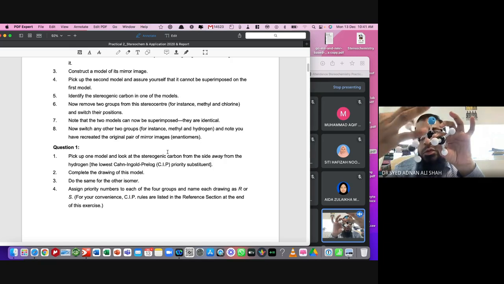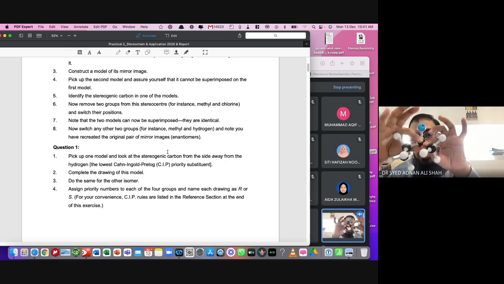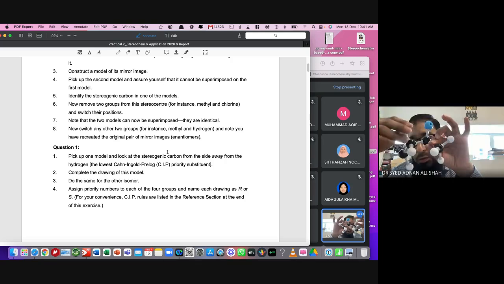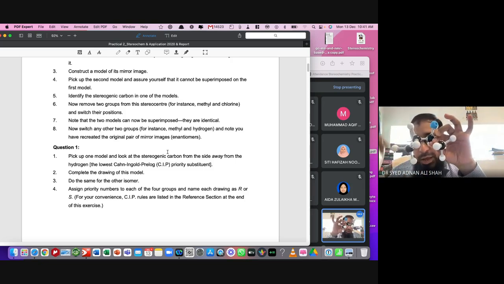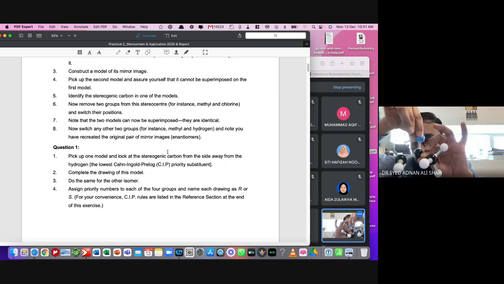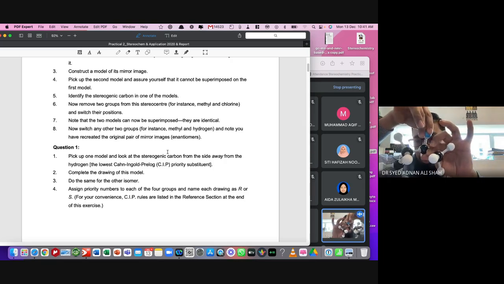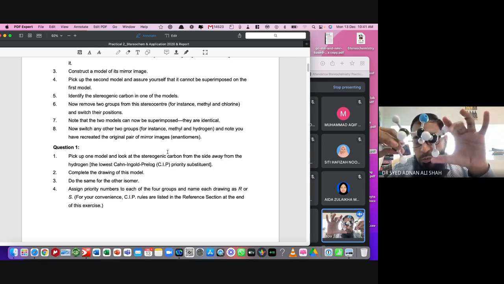So what is the absolute configuration of this carbon? It will be clockwise. Clockwise will be R, and anti-clockwise will be S, right? So you can see this one is chloride, and then this one is CH2 CH3, and this one is the methyl.